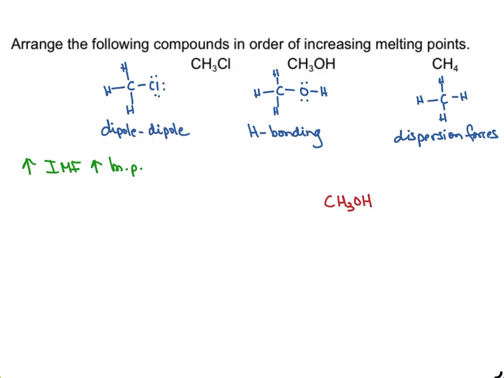The one that has the lowest melting point is going to be the one that has the weaker force. So CH4 is going to have a lower melting point than CH3Cl, which is lower than CH3OH. So methanol has the highest melting point, and methane has the lowest melting point.